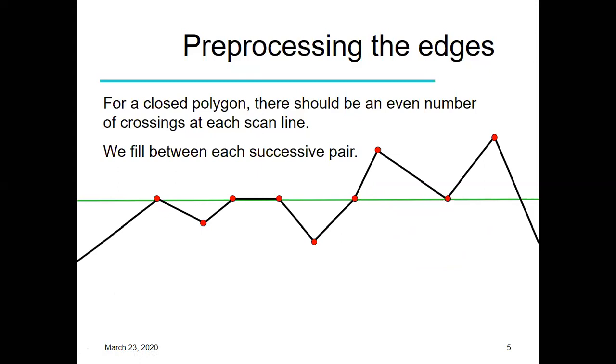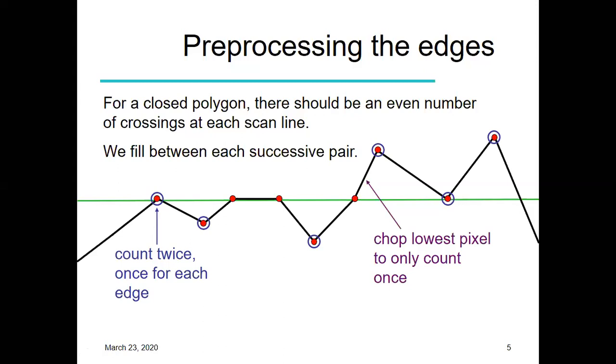First rule is, whenever you have a conjoint vertex, you count twice instead of once. Second, whenever you have an edge like this, a lower hemisphere and upper hemisphere, make sure you chop the lowest pixel to count only once, so one particular point will now become 2 points. And third one is, whenever you have a horizontal edge, you might as well delete it.